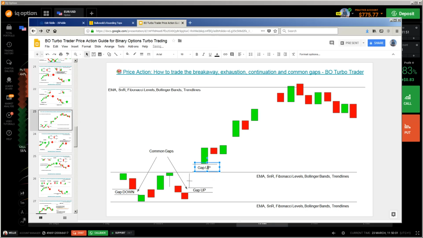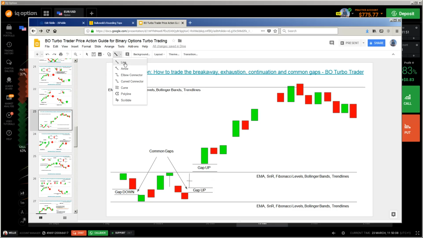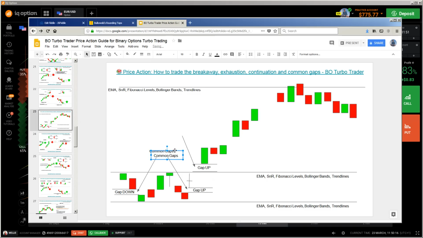So gap, and I will write it here, gap up, and then I will do the arrow here. It's important that you can spot them and understand what this is about. This is a breakaway gap, and that is the reason why you have to recognize them, because you understand what is happening when you see those gaps.